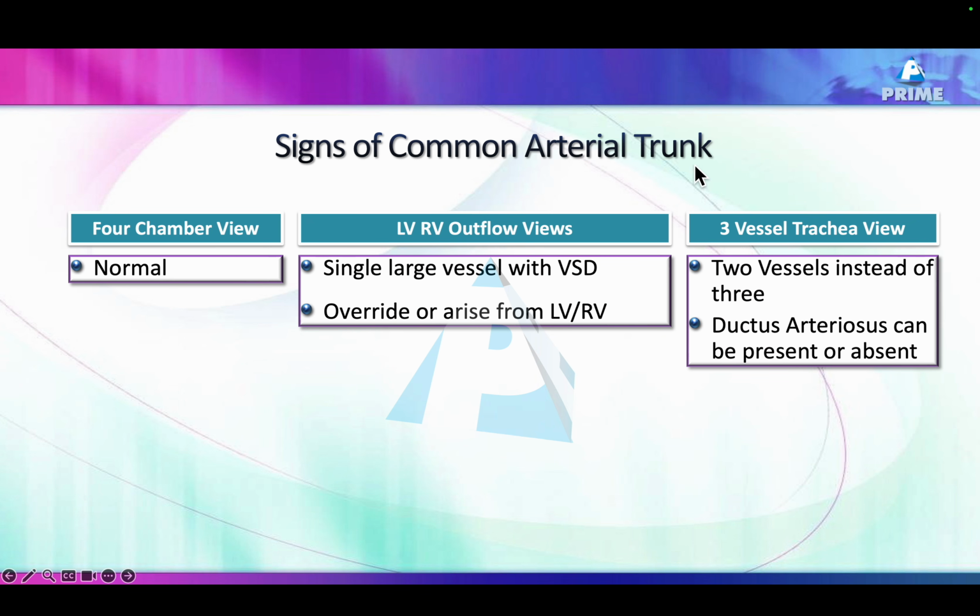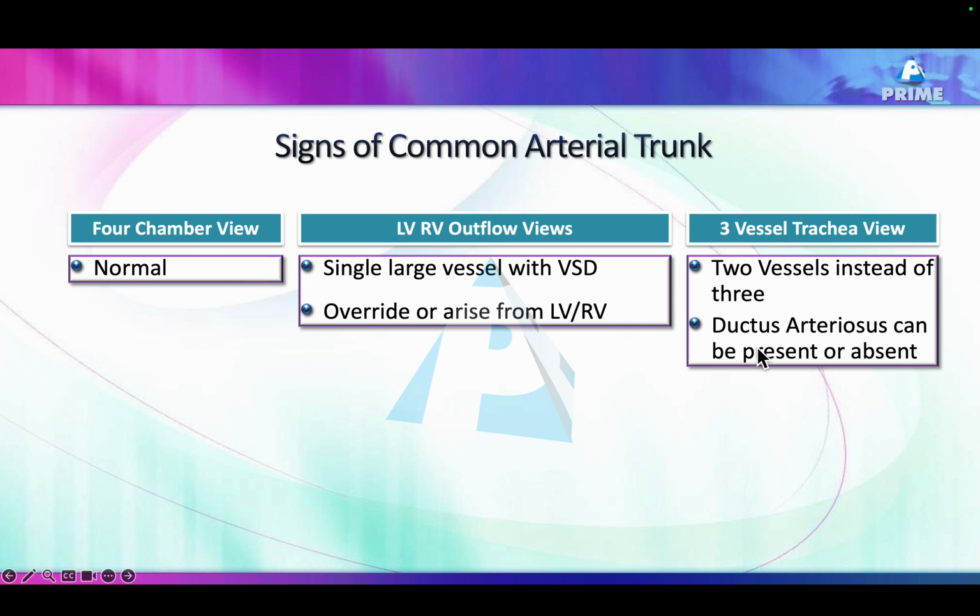So to summarize, common arterial trunk, these are the findings on echo. Again, repeating that, four chamber view is usually normal. One large vessel is seen overriding the VSD. Then you have only two vessels in the three vessel view; the pulmonary artery is missing there.